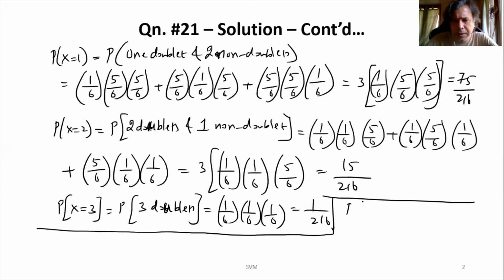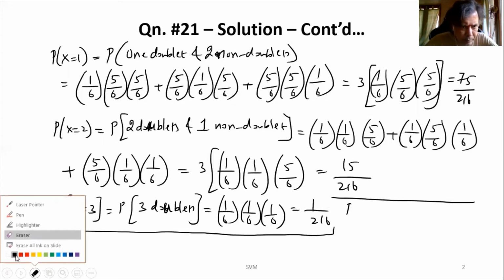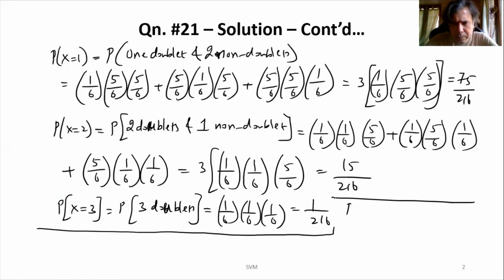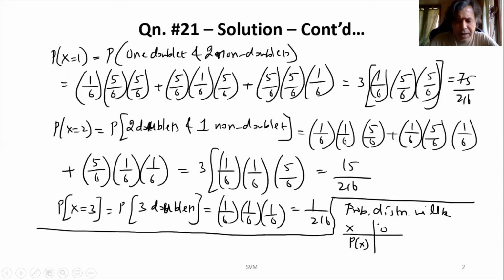So hence I can say the probability distribution will be: x, then p of x. For 0, we already calculated, it is 125 by 216.